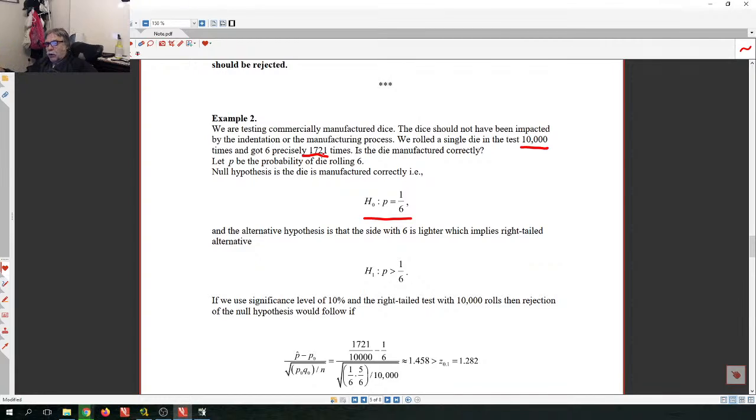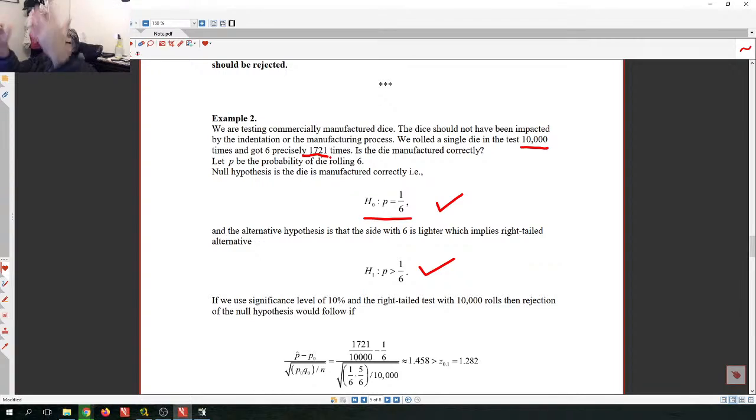It seems to be 6 more often than it should be. It should be 1 out of 6, but it happened to be 1721 out of 10,000. Okay, so this is my alternative hypothesis. So this is my null hypothesis. My null hypothesis is that the proportion of the times you're going to have 6 on the top is 1 out of 6. Alternative hypothesis is now that the proportion of the time is bigger than 1 out of 6, because that is the bias I'm getting from my sample.